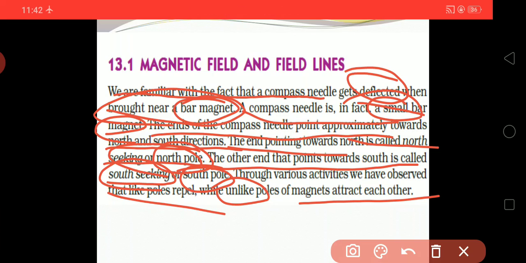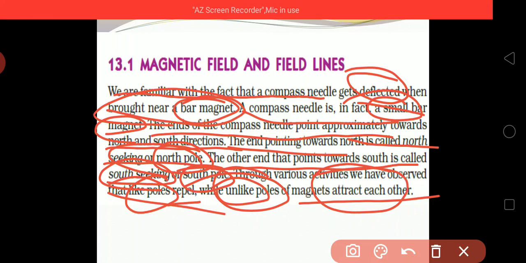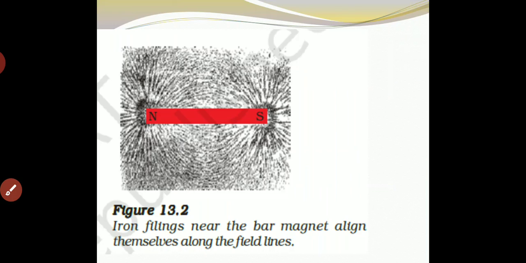As you can see, in a bar magnet N is written as well as S, which indicates the north side or north pole, north seeking, and the south side, which is the south pole, south seeking.